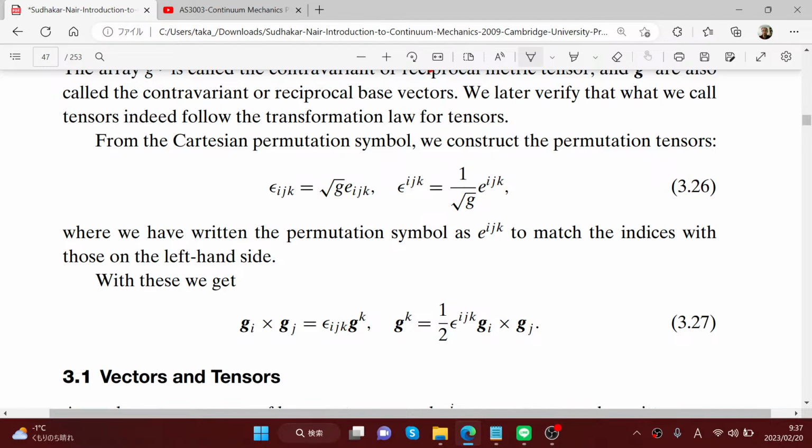From the Cartesian permutation symbol, we construct the permutation tensors. Now we changed e to epsilon ijk with a square root, where permutation tensors, right?